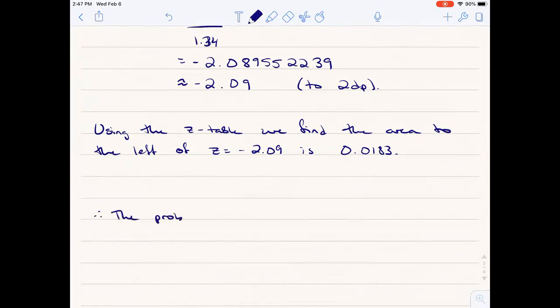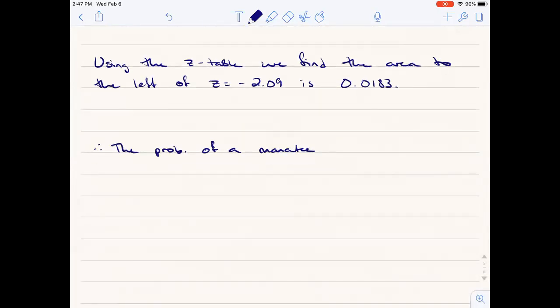Therefore, the probability of a manatee that travels at speeds slower than 1 mile per hour is 0.0183.